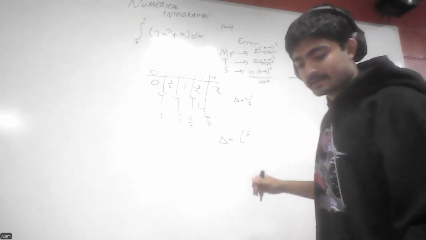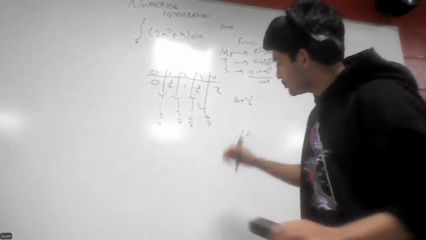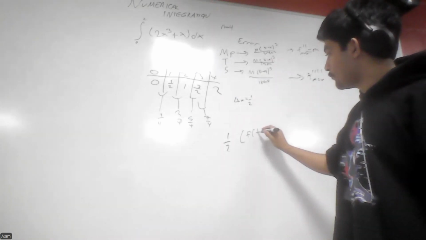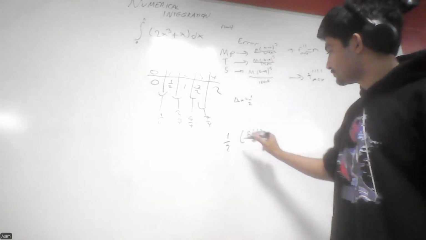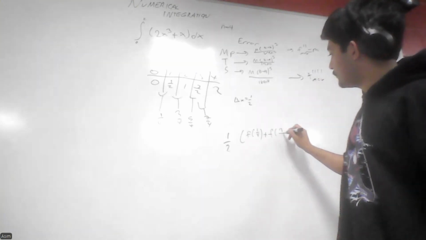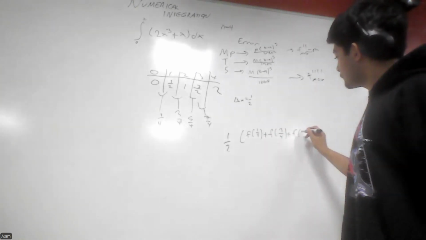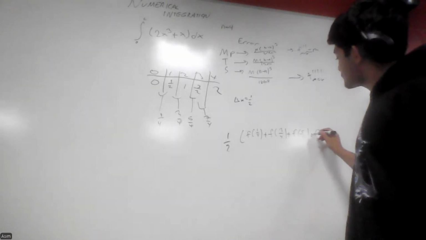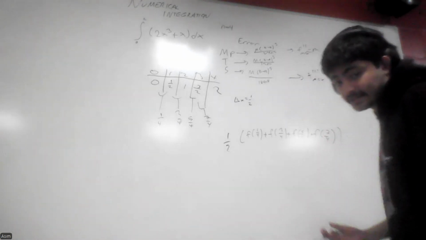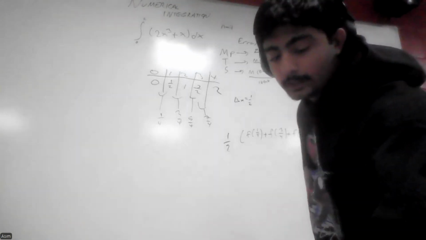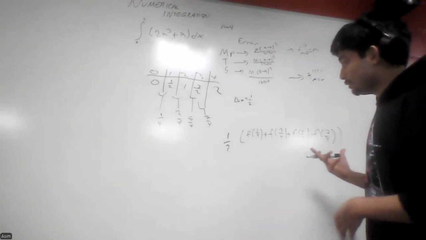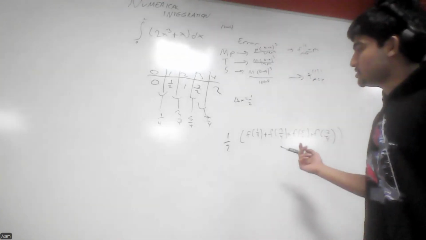And I'm just going to say delta x equals 1/2, so you know that this 1/2 comes from delta x. 1/2 times f of 1/4 plus, this is all in the same parentheses, by the way, f of 3/4 plus f of 5/4 plus f of 7/4. Just like that.